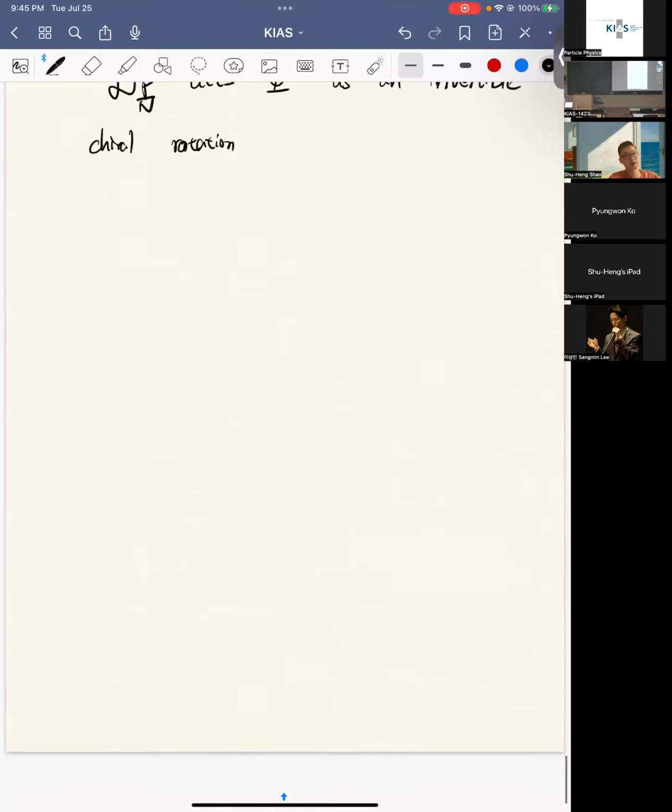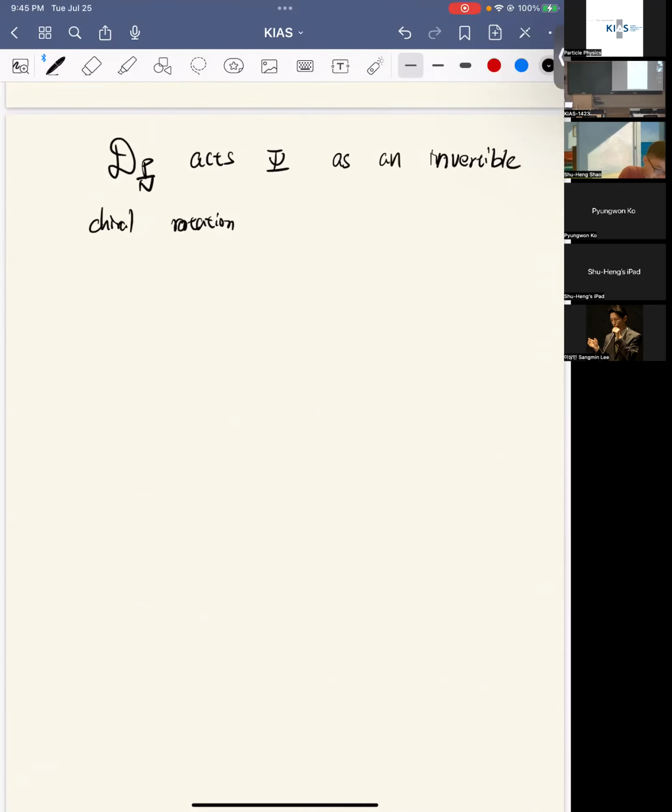This can be better understood in terms of higher form symmetry, but let me not give that explanation. The upshot is that as far as the Dirac fermion is concerned, this non-invertible symmetry is actually invertible. It's just doing the invertible chiral rotation on the Dirac fermion. And this gives an exact reason why helicity is conserved in QED. Now you don't have to apologize for being in flat space-time, for ignoring the monopoles, etc. It's an exact conservation law.